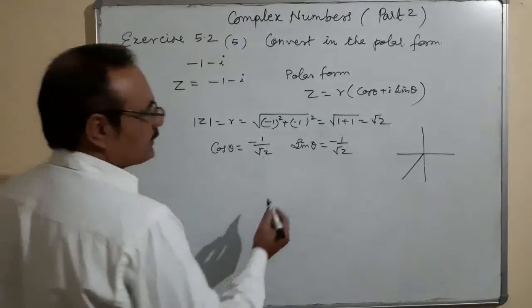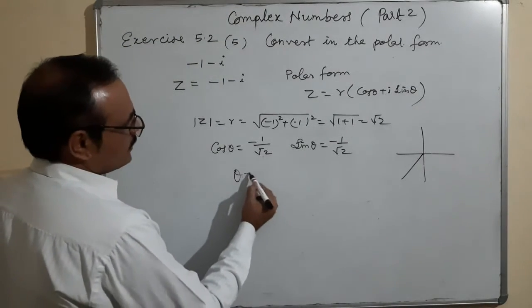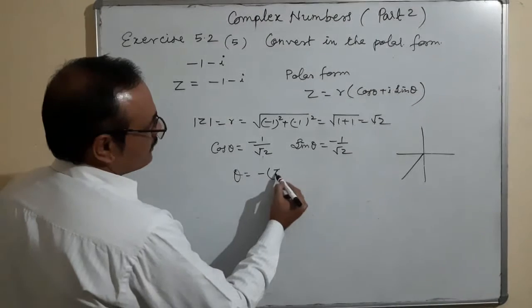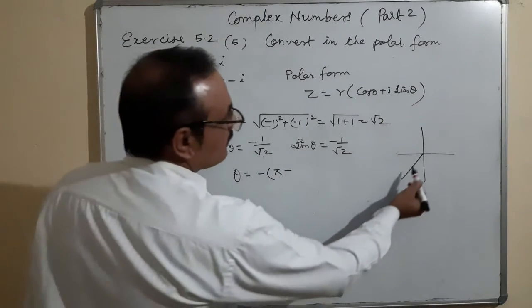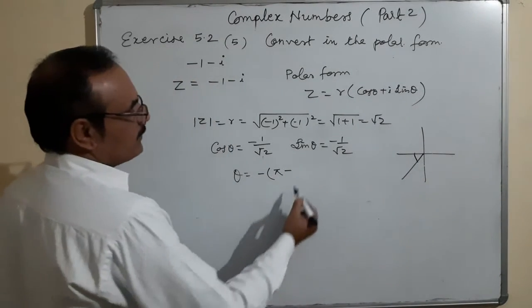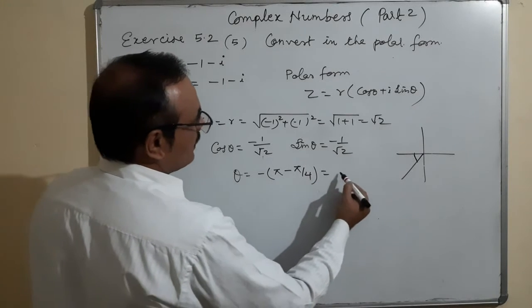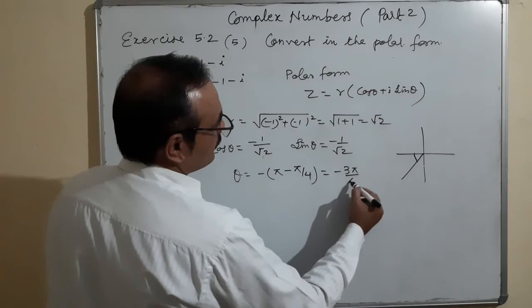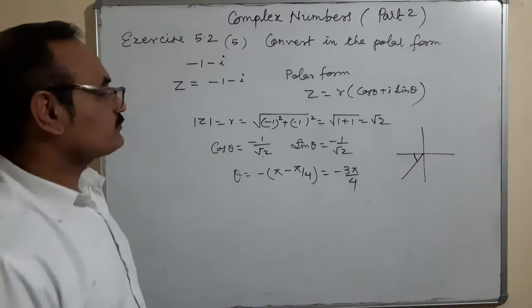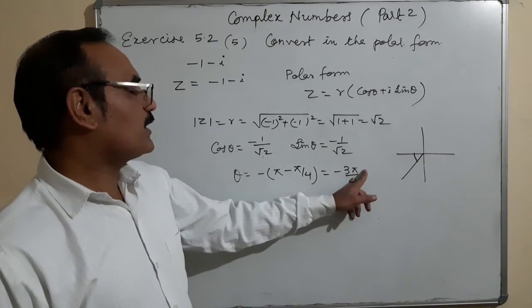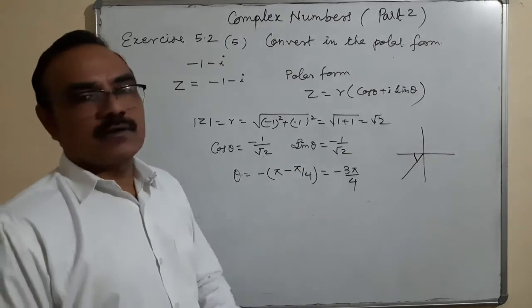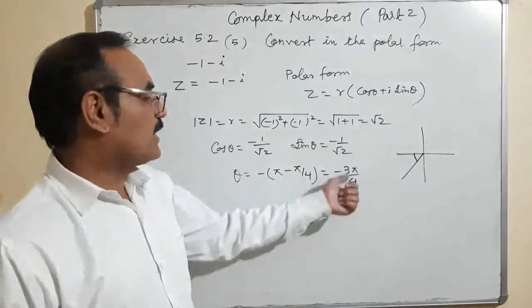So I may write here theta is equal to minus (pi minus pi by 4), which is minus 3 pi by 4. 135 degrees is 3 pi by 4, so minus 3 pi by 4.